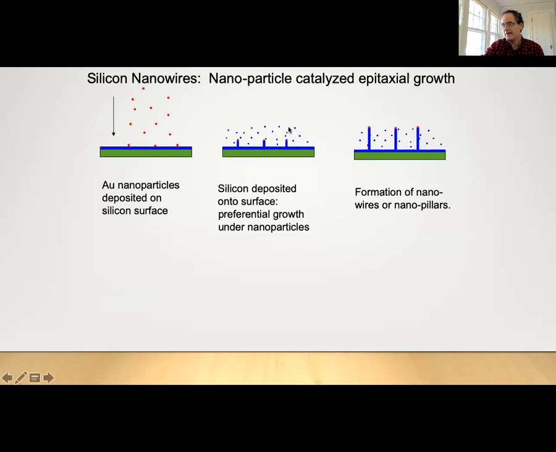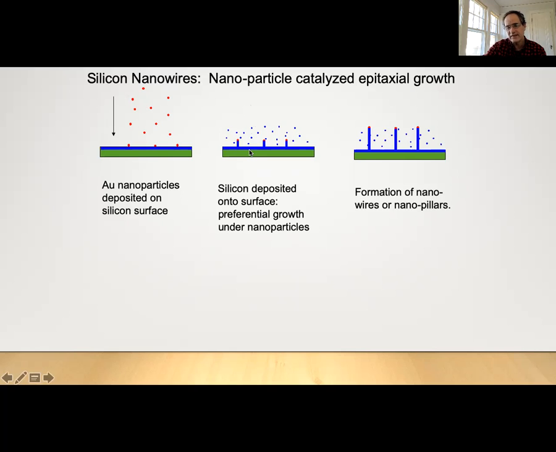So how are these made? So semiconductor nanowires can be made this way. They can be made with molecular beam epitaxy, interestingly enough. What's done is the following. First, in this particular process, gold nanoparticles are deposited on the surface. And then silicon atoms are deposited after that.